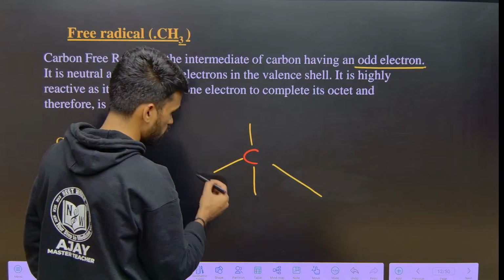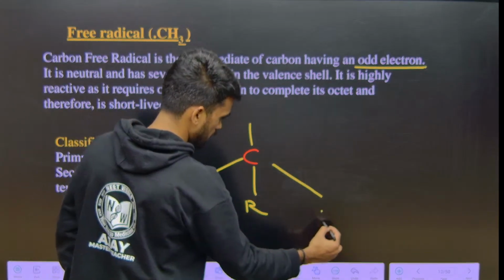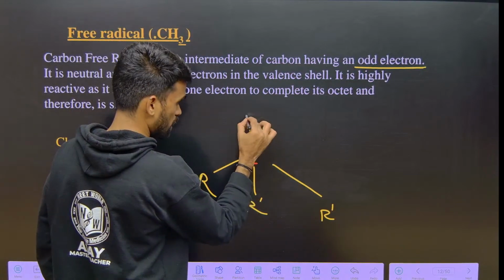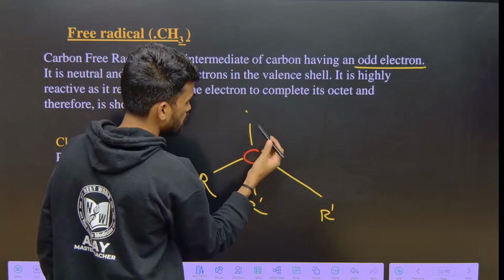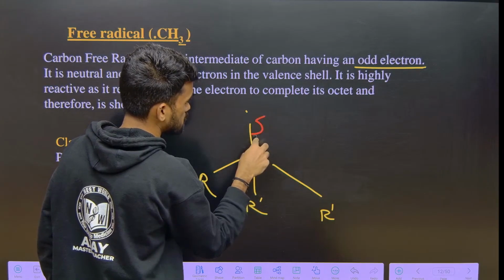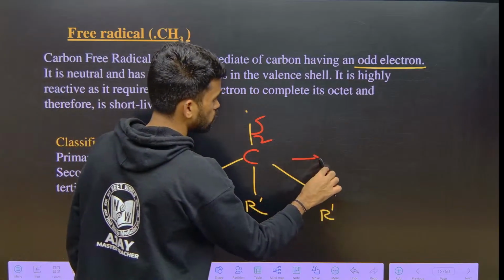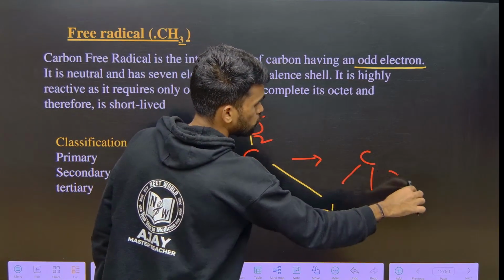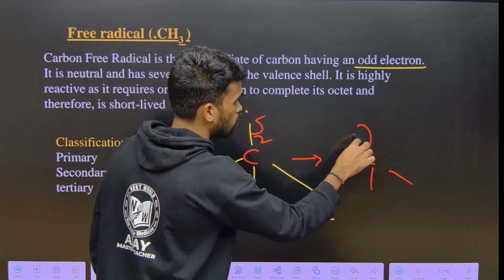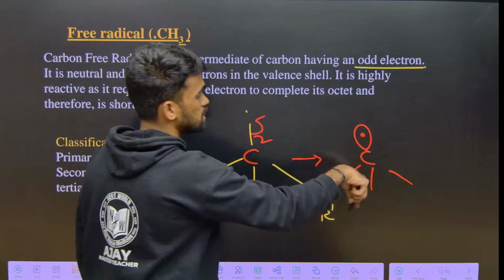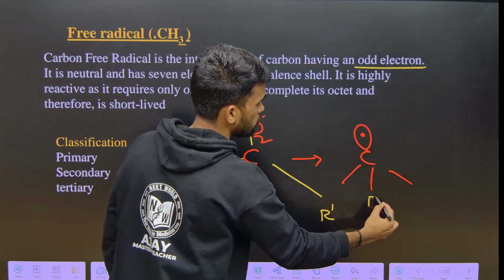It means out of these 4 bonds, with some groups attached, one of the bonds is broken into 2 equal pieces. So what are we going to get? A carbon with these 3 groups as they are, but here we have only 1 electron. So what is the total number of electrons in this free radical? This is now a free radical.